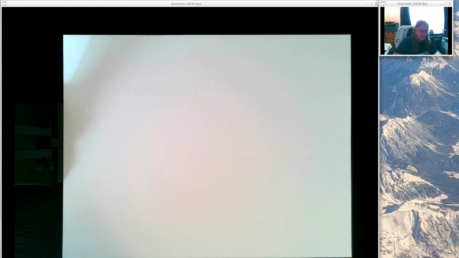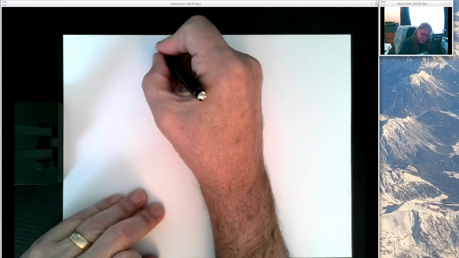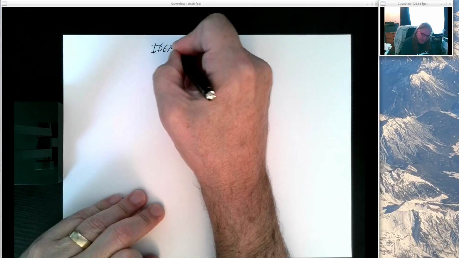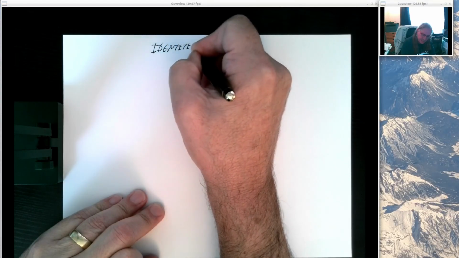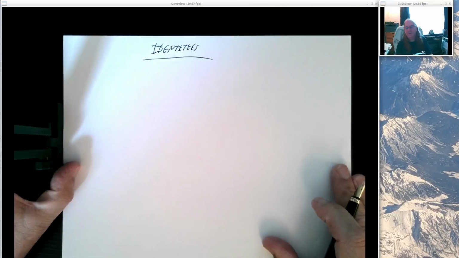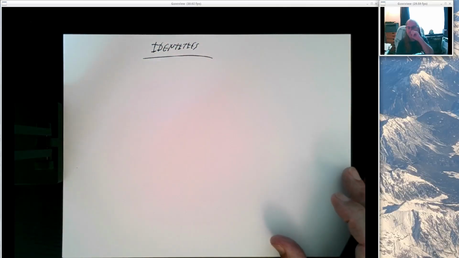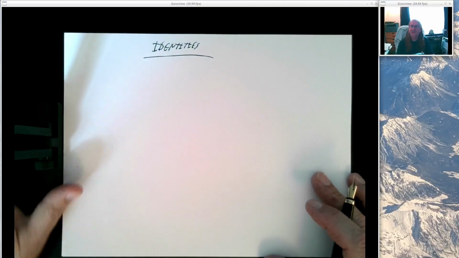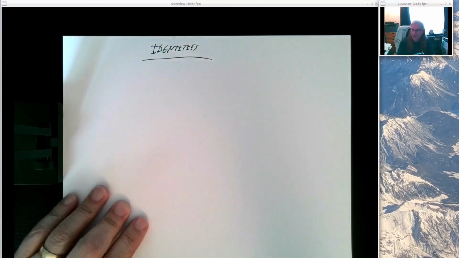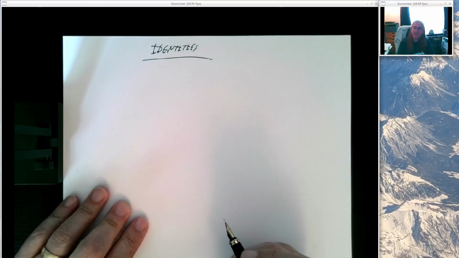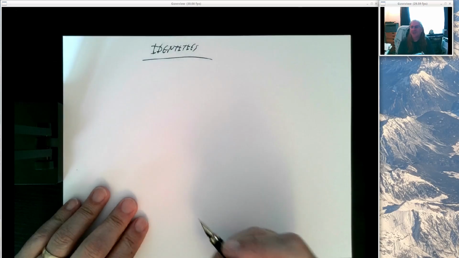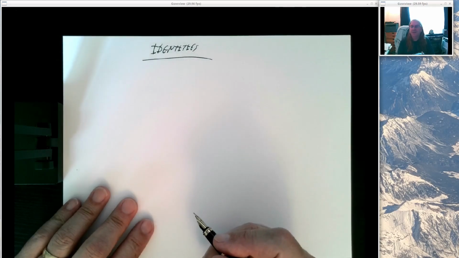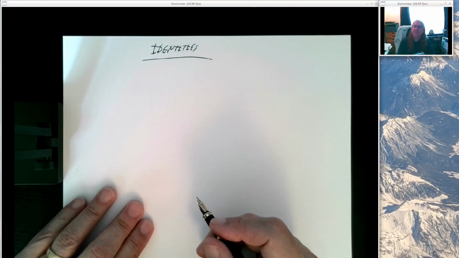Alright, this ties into the last topic for this lecture, which is talking about identities. So let me write some logical equivalences here that will always be true. These equivalences are always true. So we're just going to let P be a proposition.